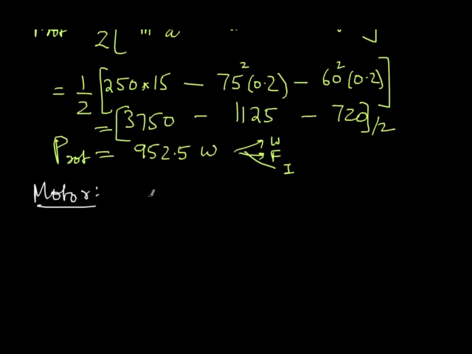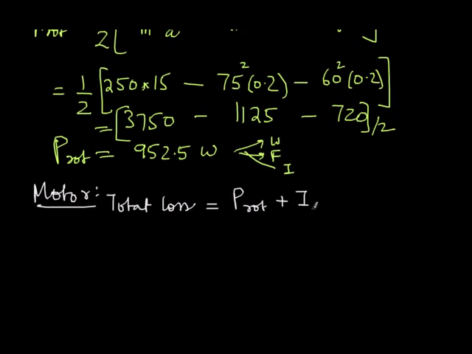Now what are the losses in the motor? So total losses of the motor is nothing but the rotational losses plus the losses in the armature, that is the copper losses, losses in the armature and the field winding.